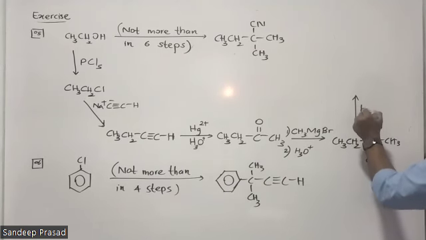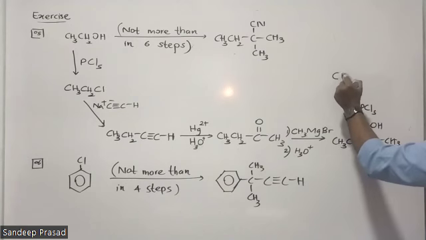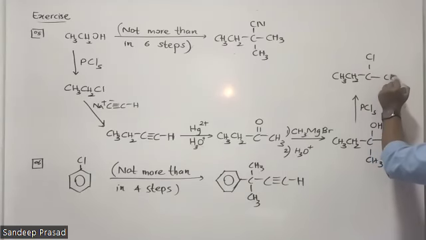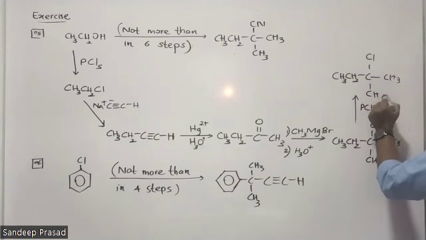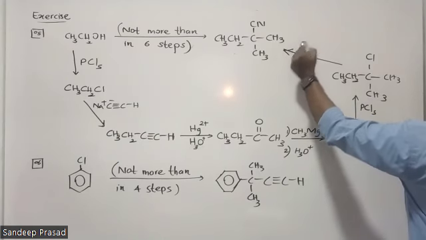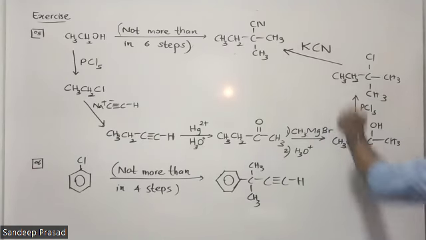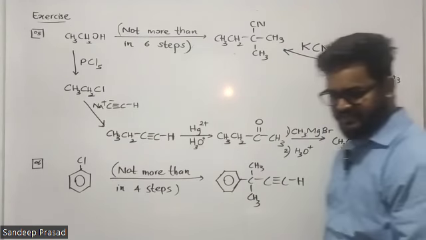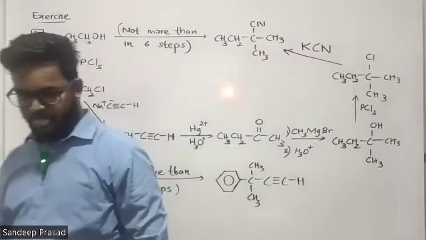Then I can put PCl5 again. Then I have a tertiary alkyl halide. For this one, we can add KCN. 1, 2, 3, 4, 5, 6. Not more than 6 steps. In this way.